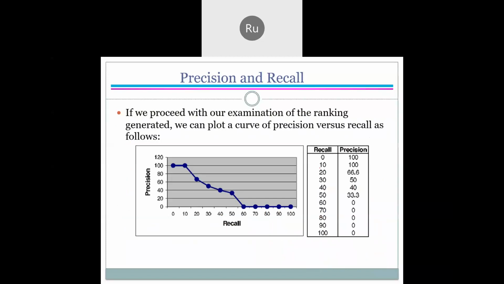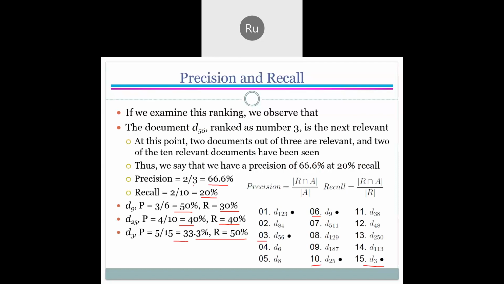So remember, just now the recall 10 has precision 100, recall 20 has 66.6, 30 has 50, 40 has 40, and 50 has 33. So this value is obtained from here, right?